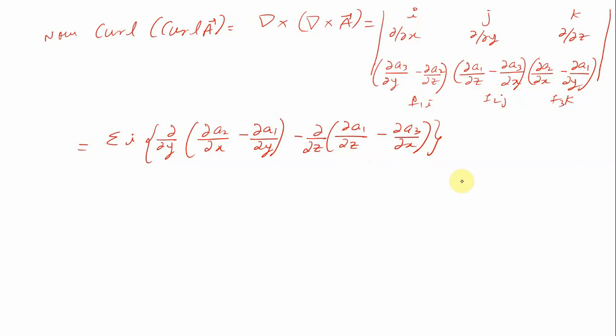Summation means students, please remember, if I take summation i it means i plus j plus k. So sum of all means plus minus plus itself, you will get this value.